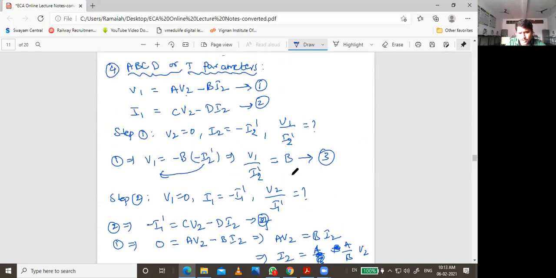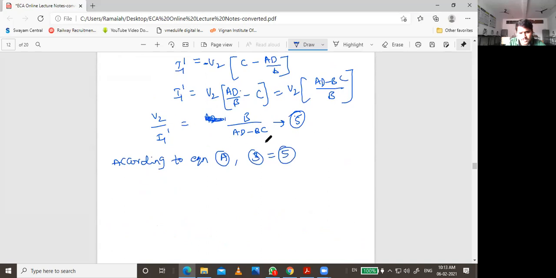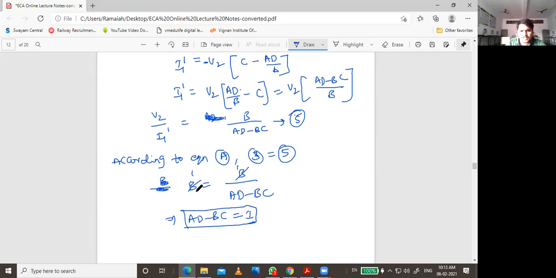V1 by I2 dash is equal to B, and that must be equal to V2 by I1 dash, that is B by AD minus BC. So B cancels, and by cross multiplication, AD minus BC equal to 1. So this is the condition for reciprocity in ABCD parameters.